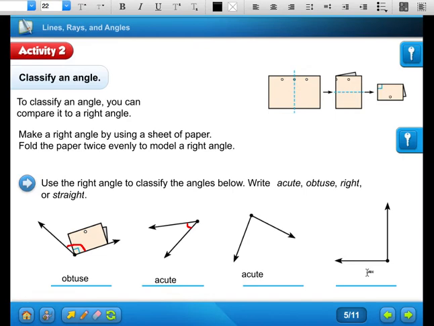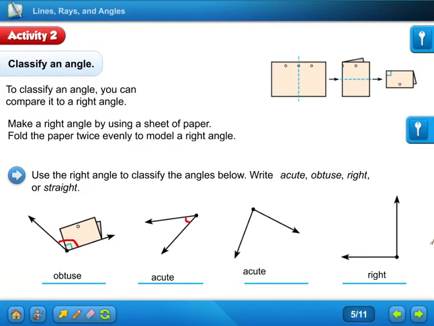All right, and our last but not least angle is the, what do you think? Did you say a right angle? Right angle, nice job. So that one, you could put a line there.